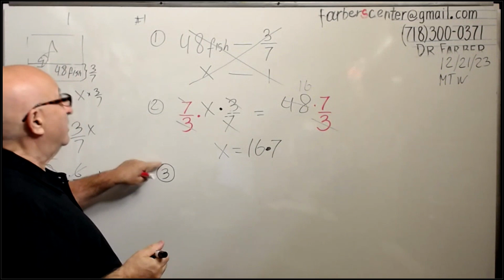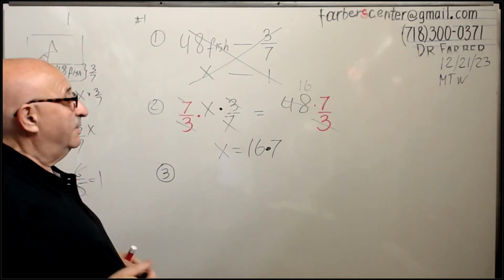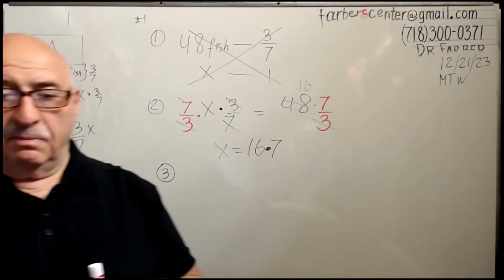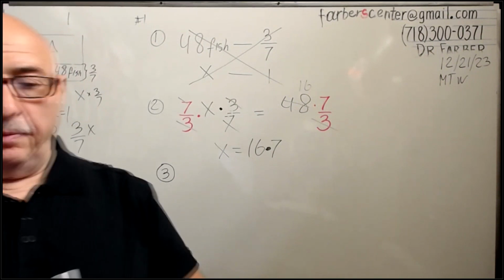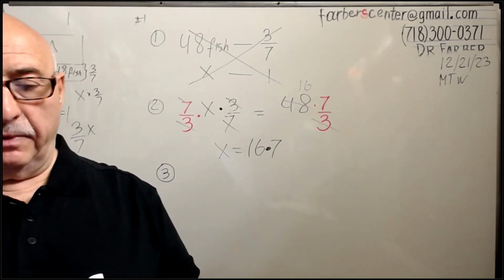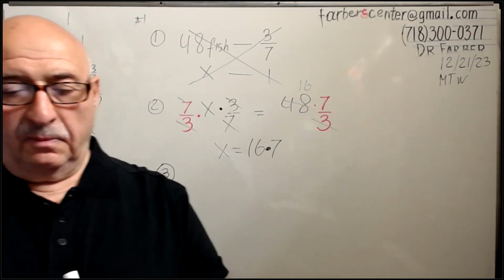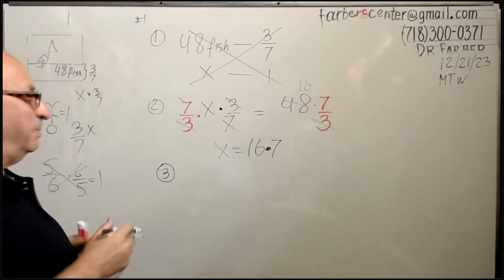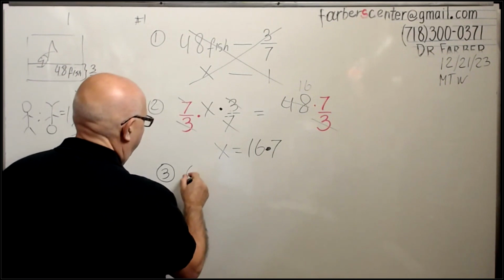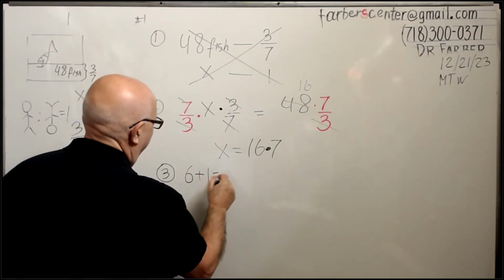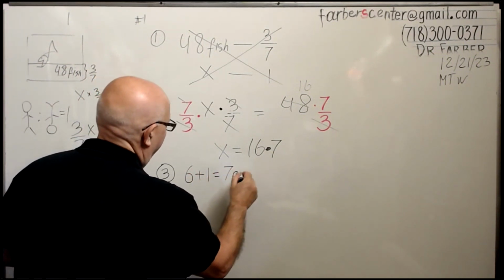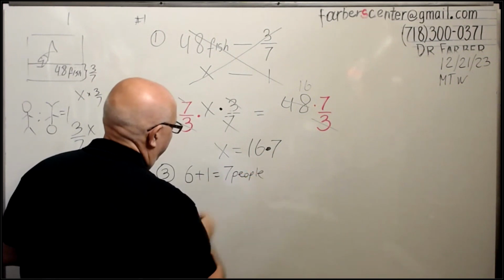How many people do we have here in this story? Who can tell me how many people? 7. There are 7 people, but later on 1 left. It is 6 friends, plus this person, and there are 7 people, right? Yes or no? Yes.